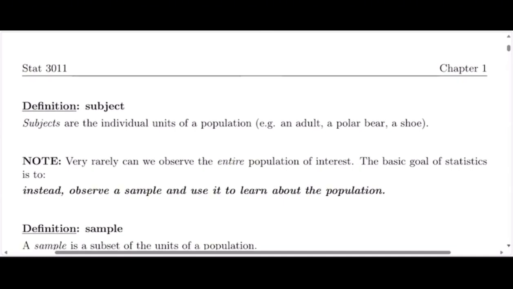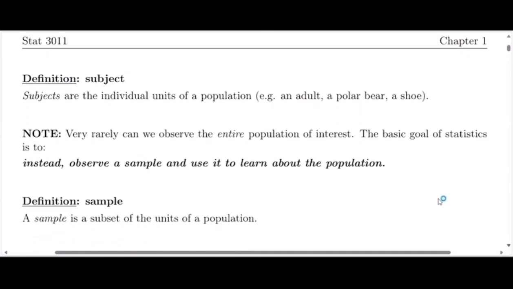Now, to the sample. I said very rarely can we observe the entire population of interest. That doesn't make sense. We don't have resources for that. What do we normally do? Instead, we observe a sample and use it to learn about the population.